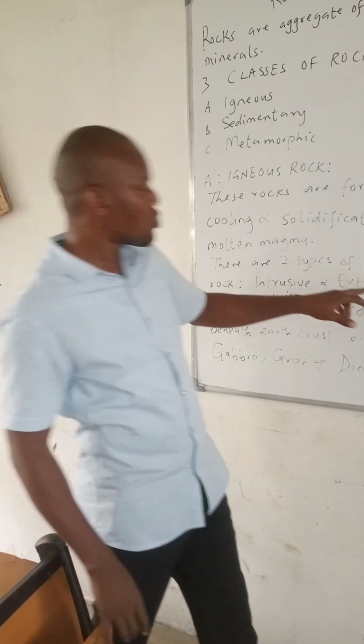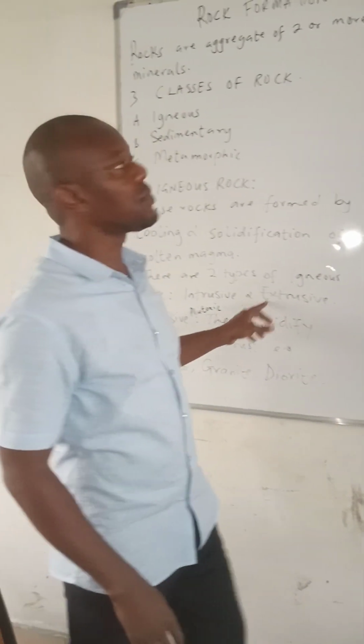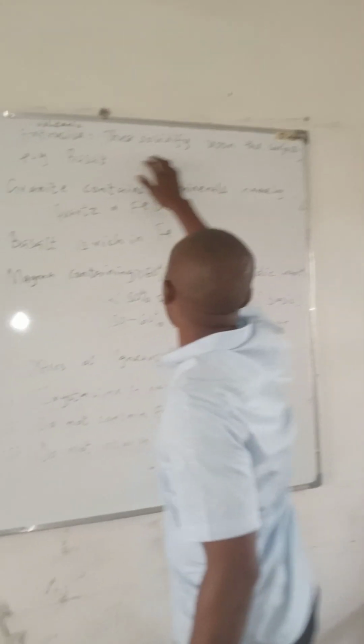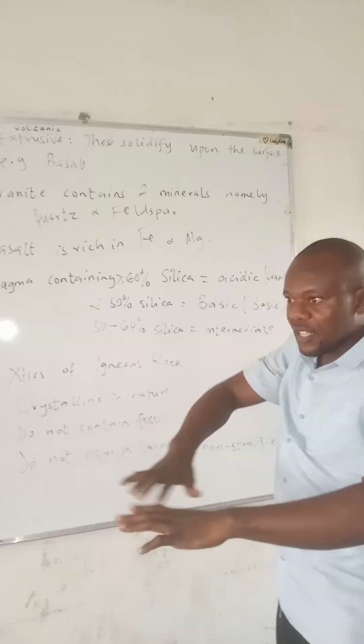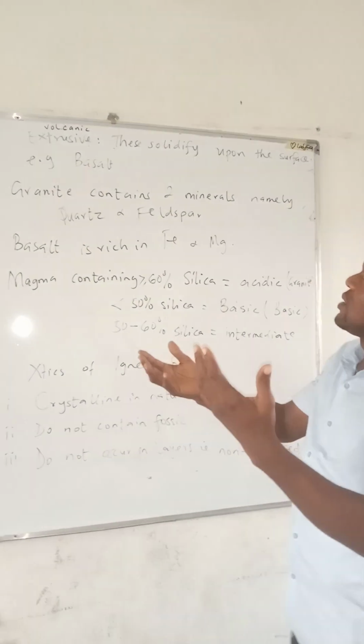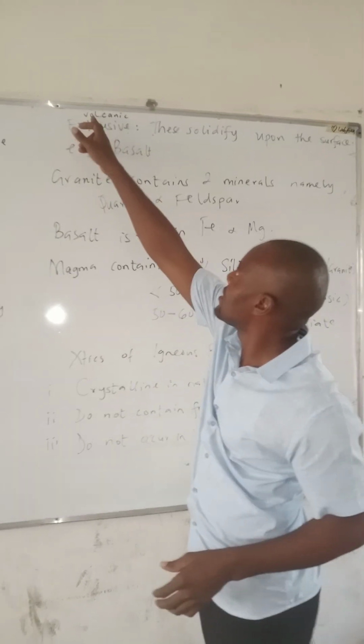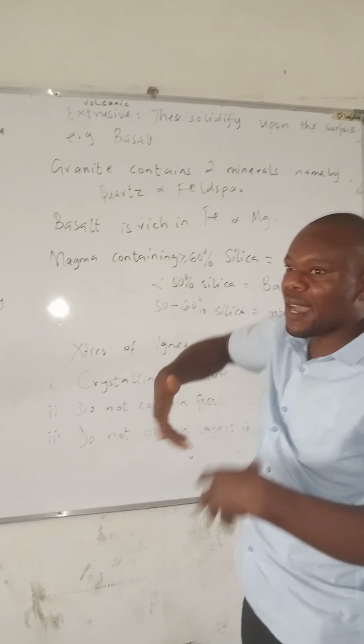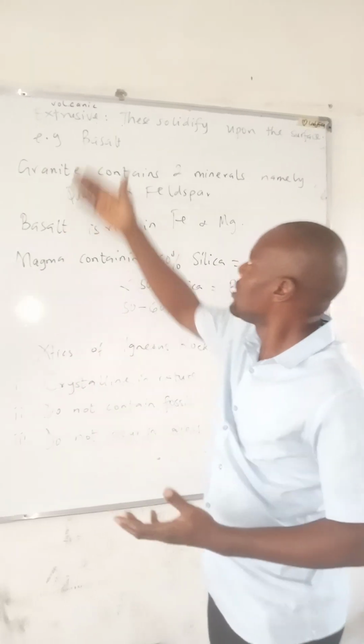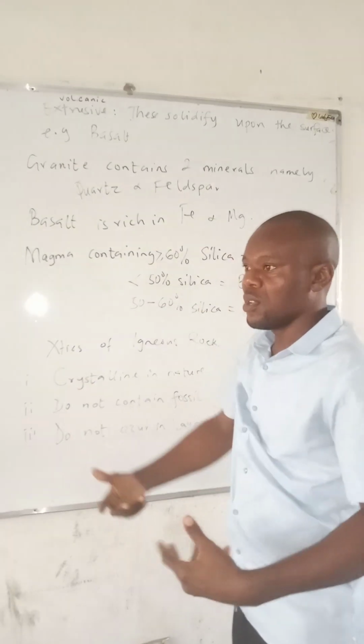Now we have extrusive. This one solidifies on the earth surface. You can now see it is extrusive or volcanic. You know volcanic eruption.